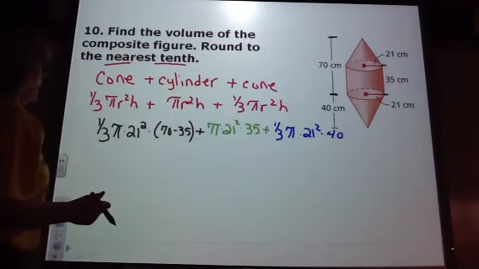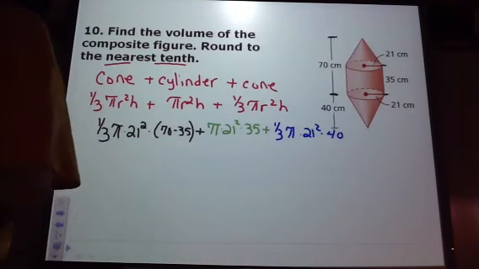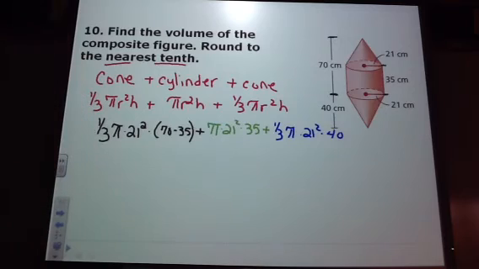Okay, so what you can do is key all this in your calculator. And you all need to do that. I need to get a calculator because I have my answer in terms of pi. Make sure you're using your pi button instead of 3.14.